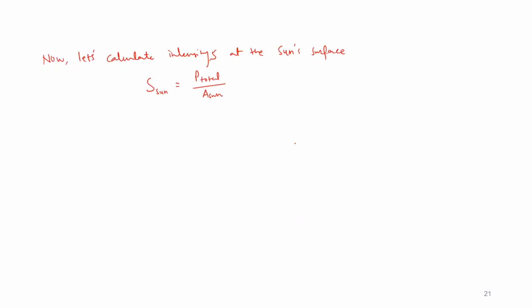Now this is the area of the sun: P total divided by 4 pi r square, where r sun is the radius of the sun.